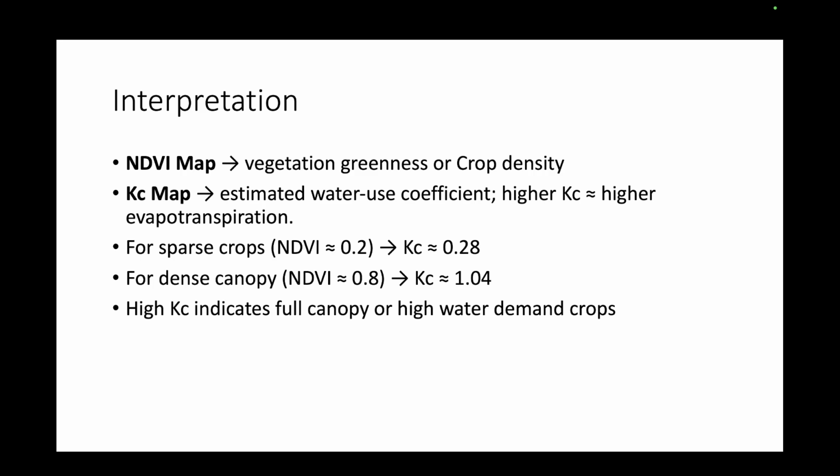The Kc map basically estimates the water use coefficient. A higher Kc value is equivalent to higher evapotranspiration. So if the value is very high, it means higher evapotranspiration. For sparse crop, suppose we have a low NDVI value, say 0.2 or less than 0.1, this type of low NDVI value or sparse crop has a low Kc value.